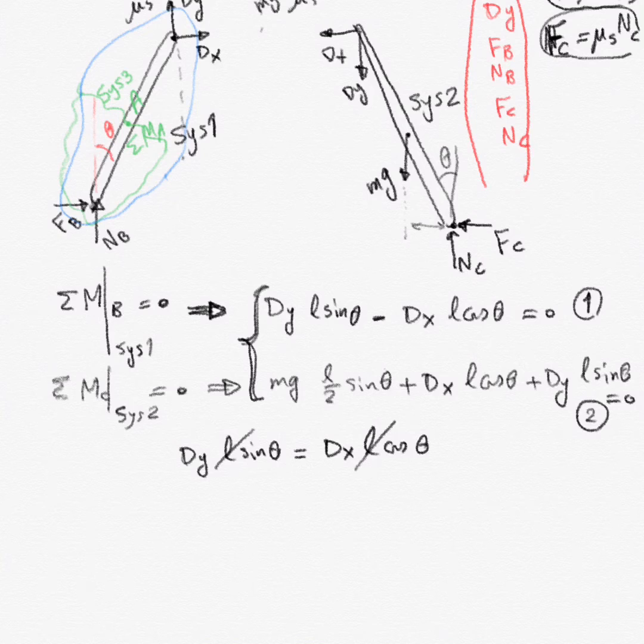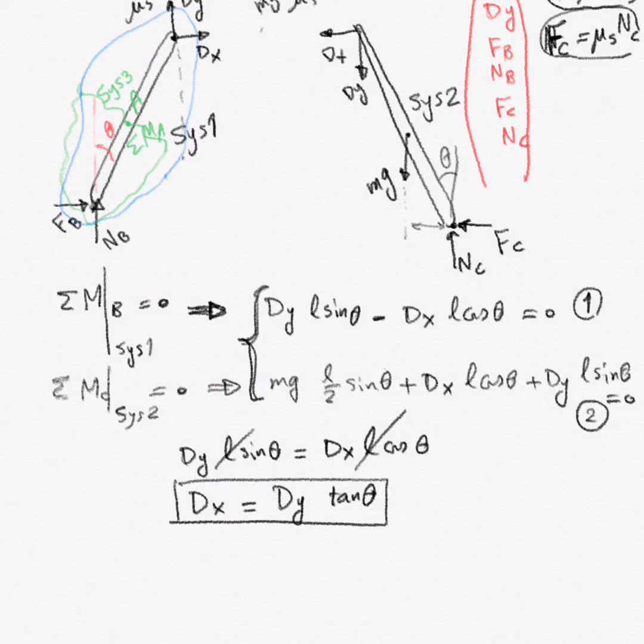Get rid of L, so dx becomes dy times tangent theta. So dx is equal to dy times tangent theta. If I give you theta, for example, 25 degrees, then you substitute there and you get dx is equal to a decimal number times dy.